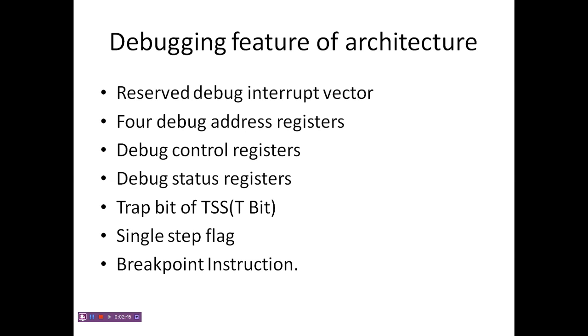Then resume flag, the RF flag of the flag register. This flag allows an instruction to be restarted after a debug exception without immediately causing another debug exception due to the same condition. Then single step flag, that is the TF flag of the flag register.